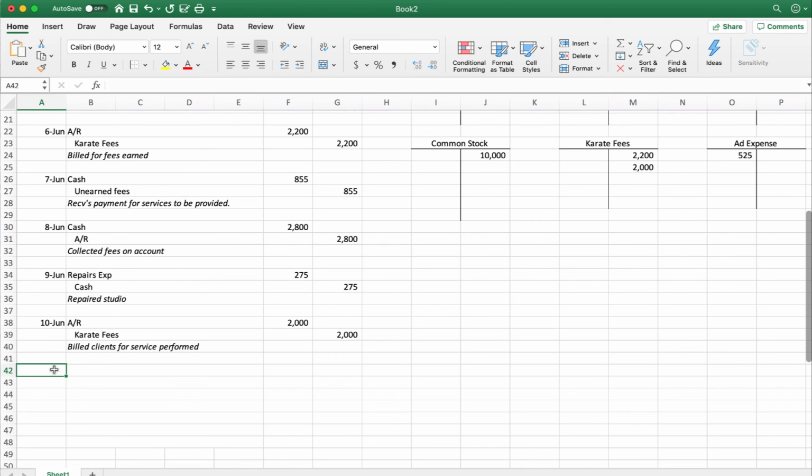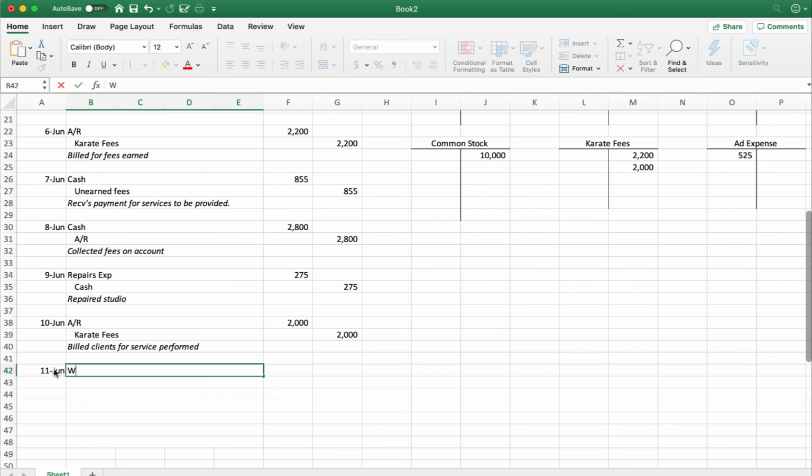Okay. The last journal entry says paid assistant wages, $950. Okay, so what are we doing? Well, we're paying our employees. So we're paying them with cash. Cash goes down. What are we recognizing? An expense.